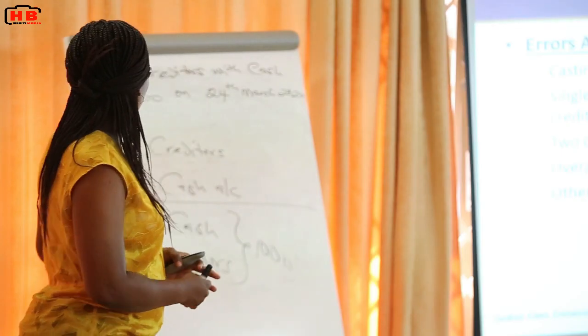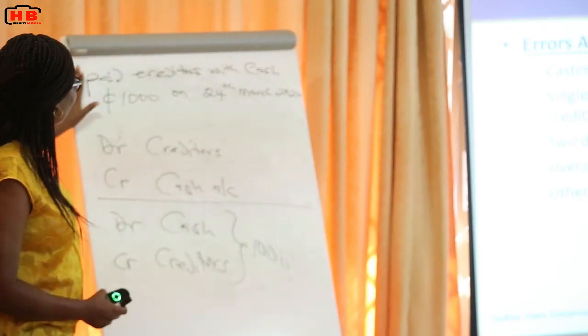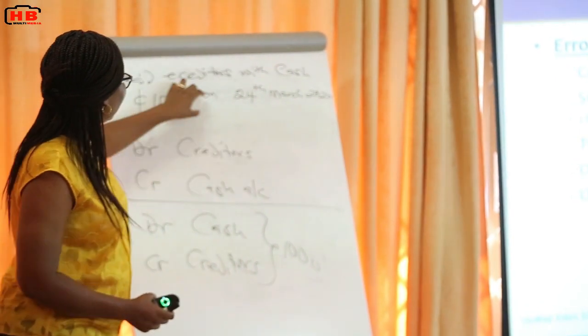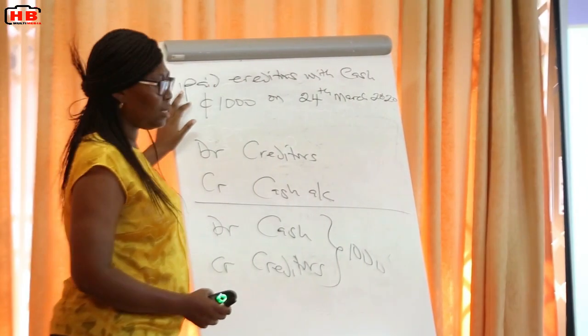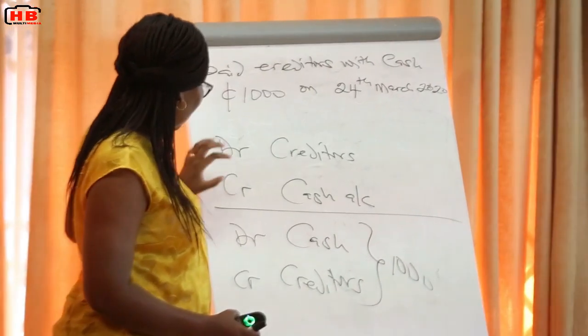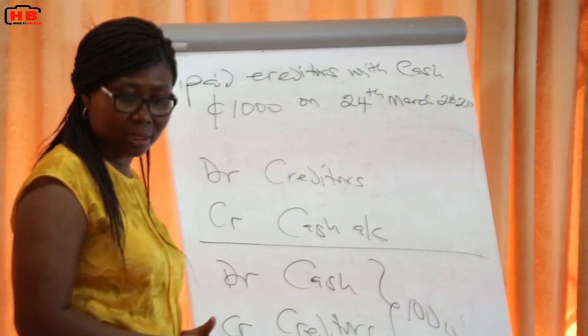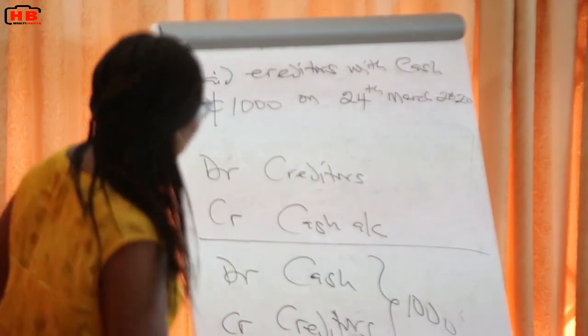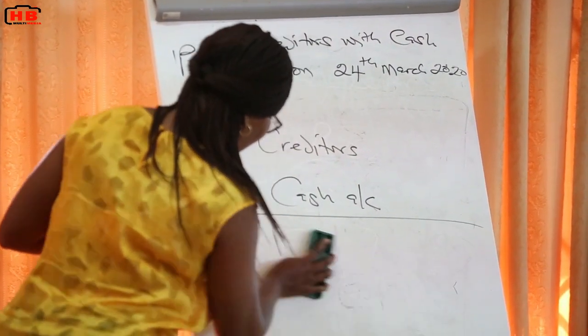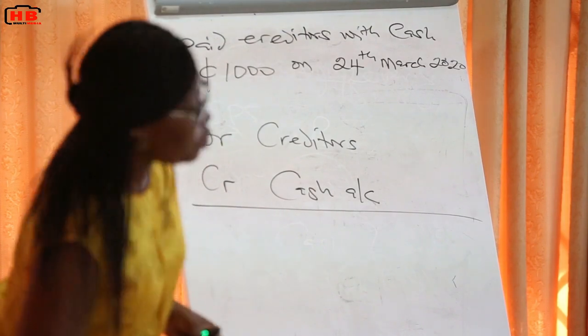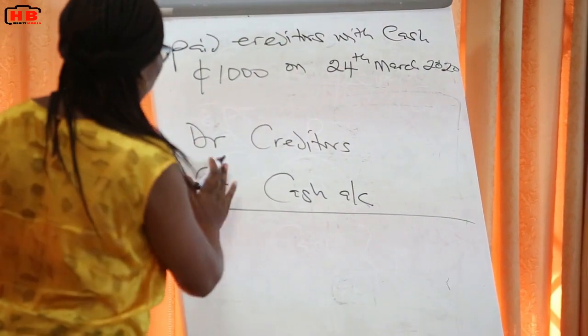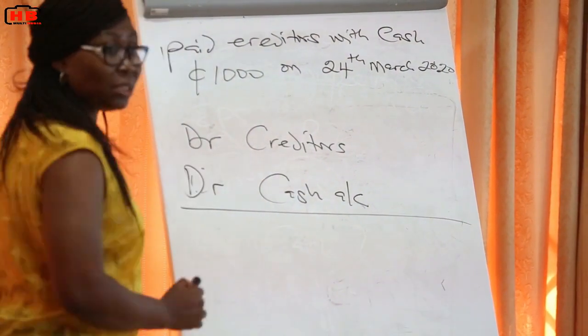So in this case, we could still go back to our creditors transaction: paid creditors with cash 1,000 cedis. Instead of debiting creditors and crediting cash, it is possible that as accountants, or as a new person, we put all under debit.